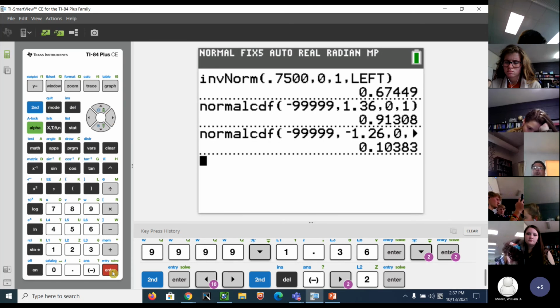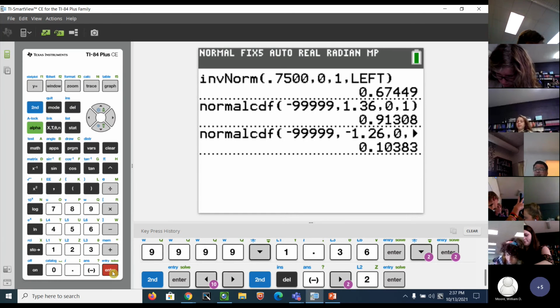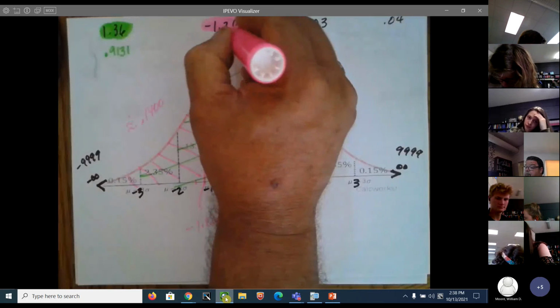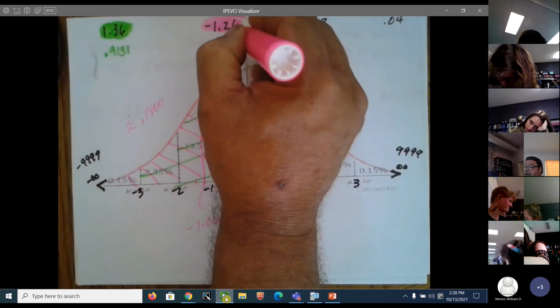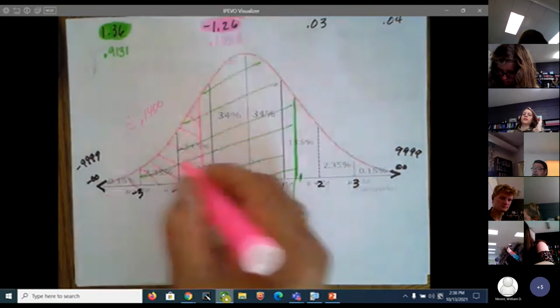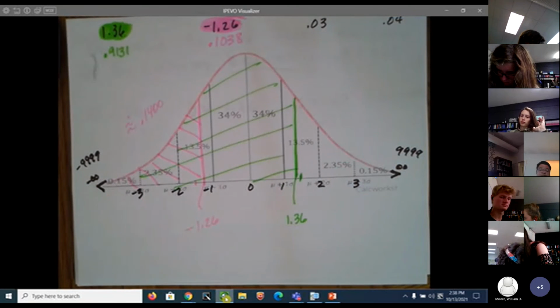I got 0.1038. I said it was going to be around 14%. Came out to be about 10%. So I was a little bit off. So the answer to the pink is 0.1038. So a little bit over 10% is in those pink lines right there.